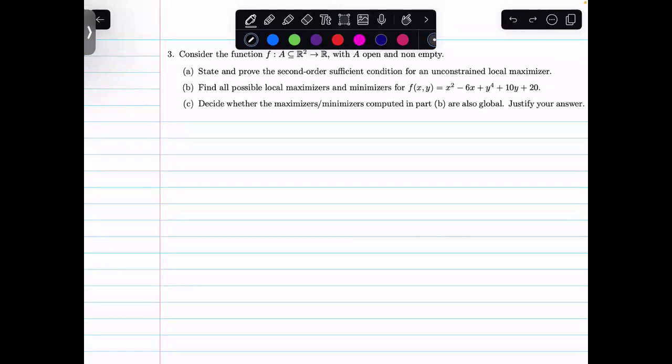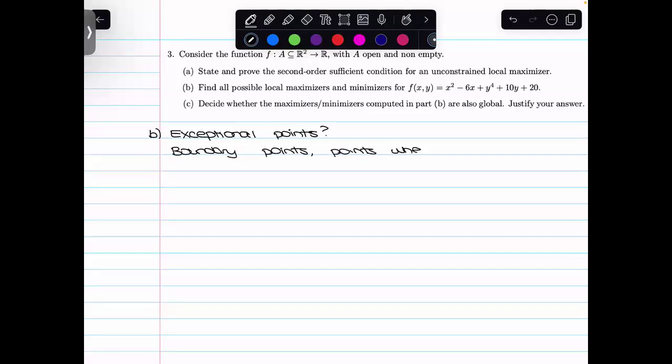So when you're checking for mins and maxes, the main kind of points that we have to check for are stationary points. But technically, you also want to check if you have exceptional points. That's more common though for constrained optimization, because that refers to boundary points, which you can't have here because our domain is all of R2. And also points where the function is not differentiable.